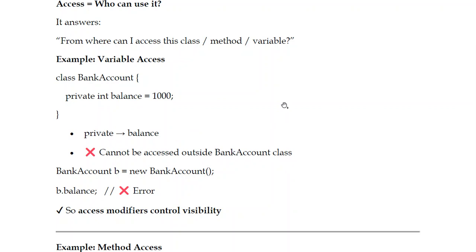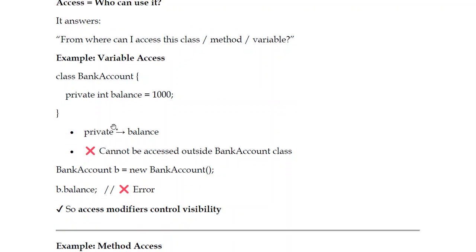Got it? If I create the object and then access it by the BankAccount reference variable, b.balance, it will throw an error because it's accessible only within the class. If I'm accessing it outside, it will throw an error. So access modifiers control visibility. Who can watch?